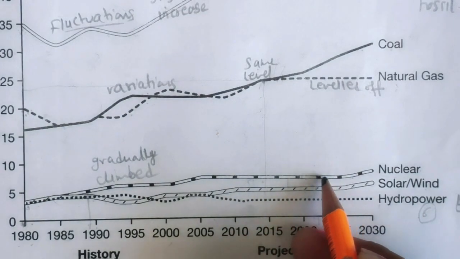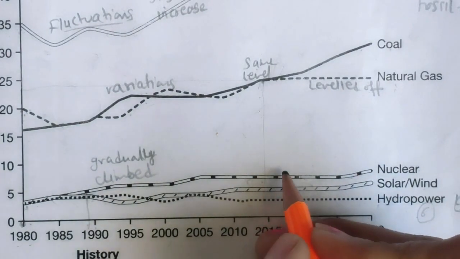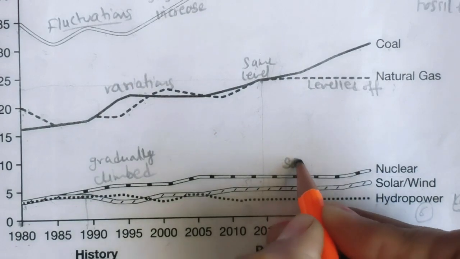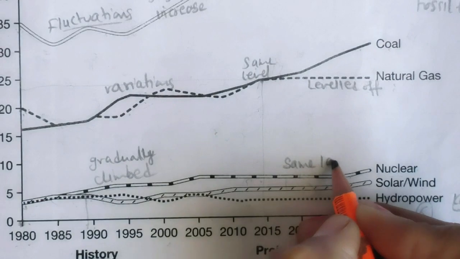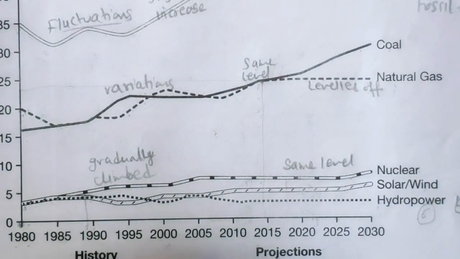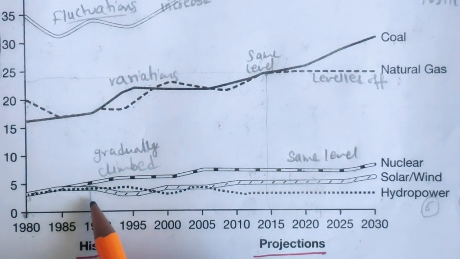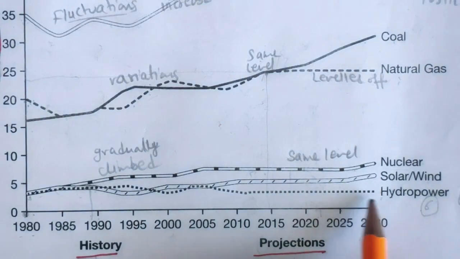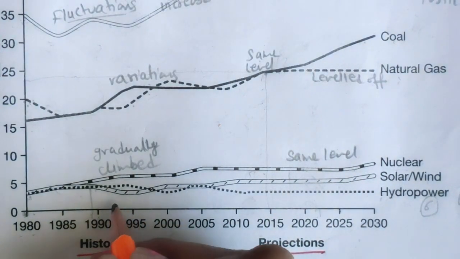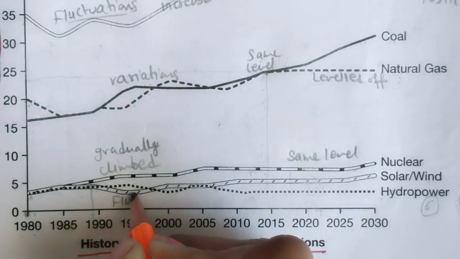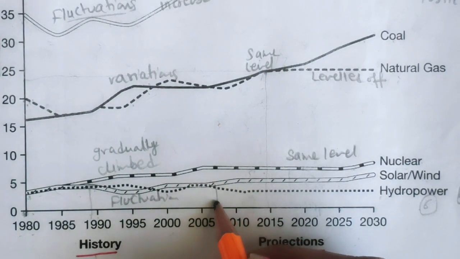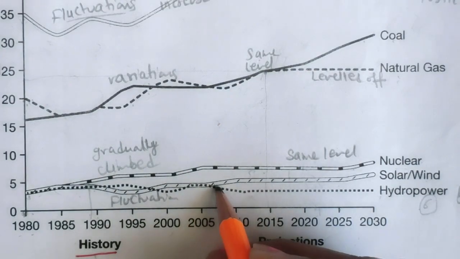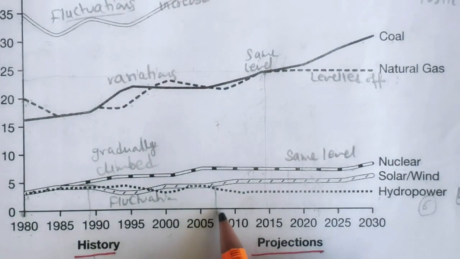And in future also it is estimated at the same level, it would retain its same level. And the remaining, solar and hydropower, were just fluctuating till 2007, you can say, till 2007.